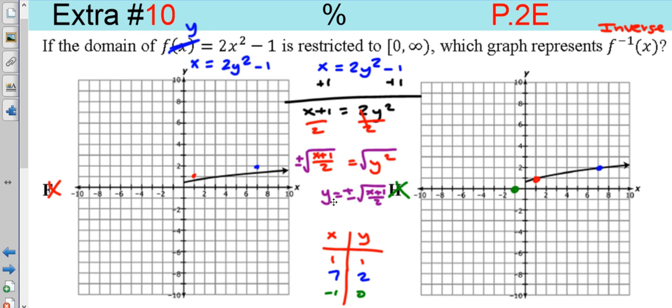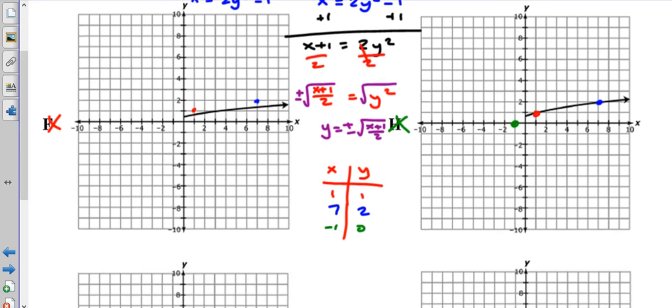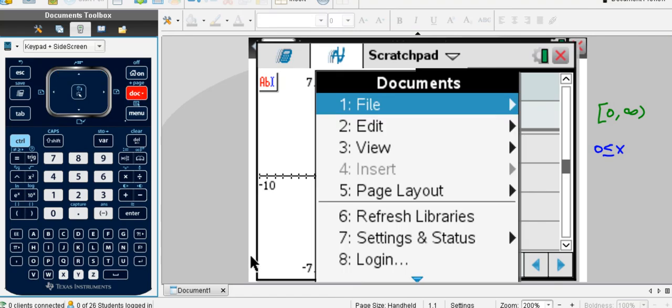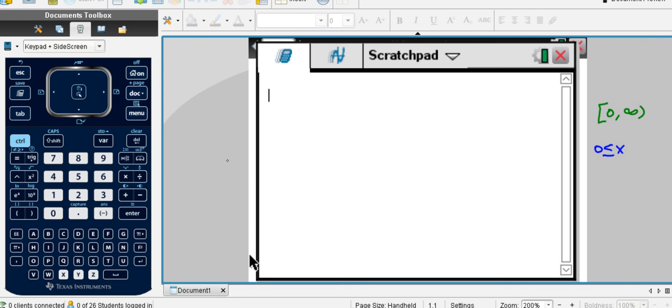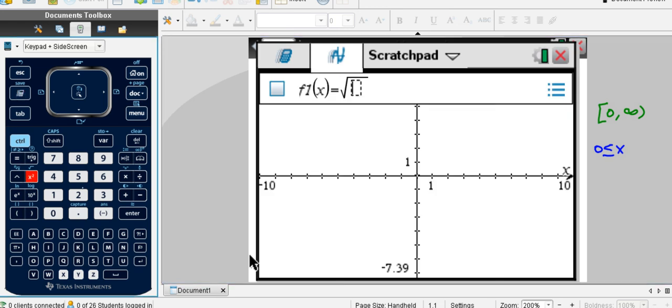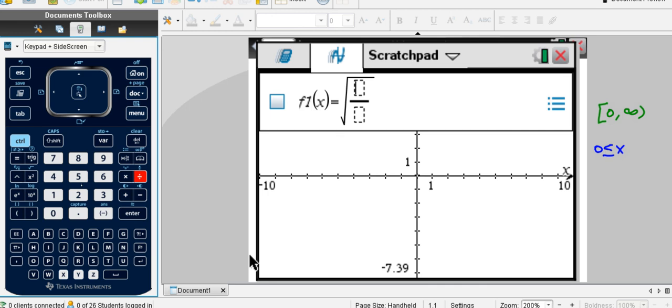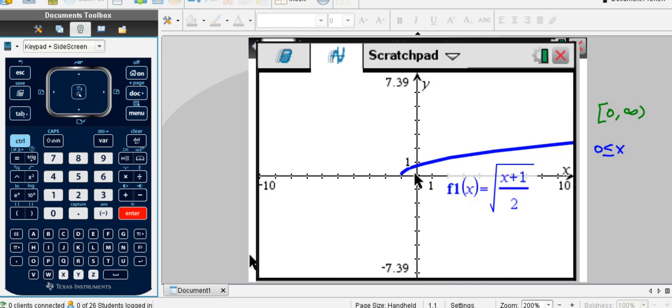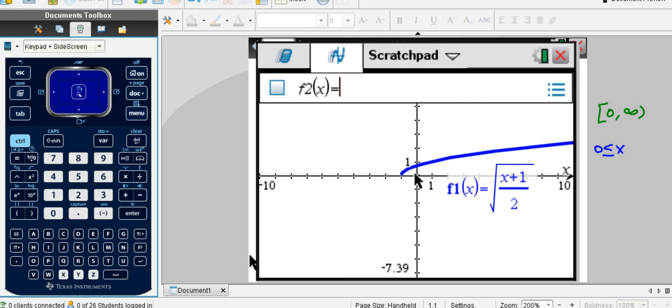Now here's where this gets tricky, is you'd have to come in with the domain restrictions. The original was, let me graph this real quick. The domain was restricted, so this one we would restrict the range. Let's check out here. We have x plus 1 over 2, and we do it as the positive, and then I'm going to graph it again as the negative.